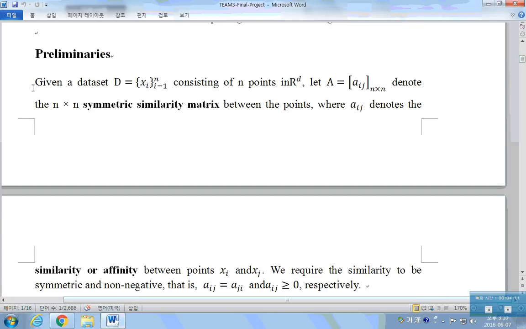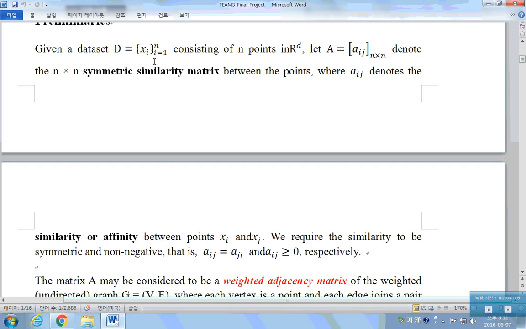Now we are going to some basic concepts of graph theory. First, for given data, we can obtain a matrix we call the symmetric similarity matrix between points, where the entry A_ij denotes the similarity between points x_i and x_j.